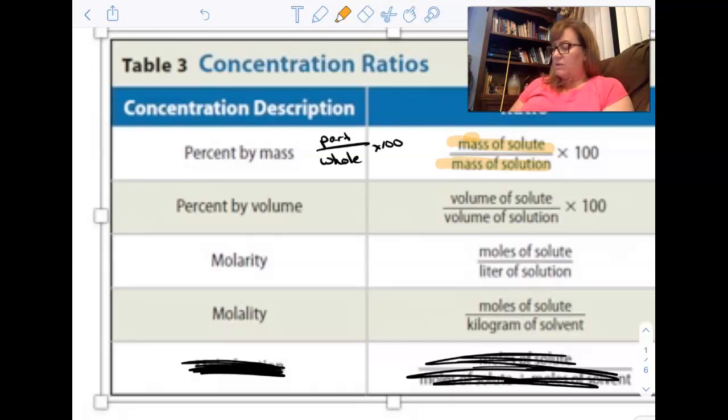When we get to molarity and molality, these are slightly different. So molarity, you're going to look at moles of solute divided by the liters of solution. That's your formula for molarity.